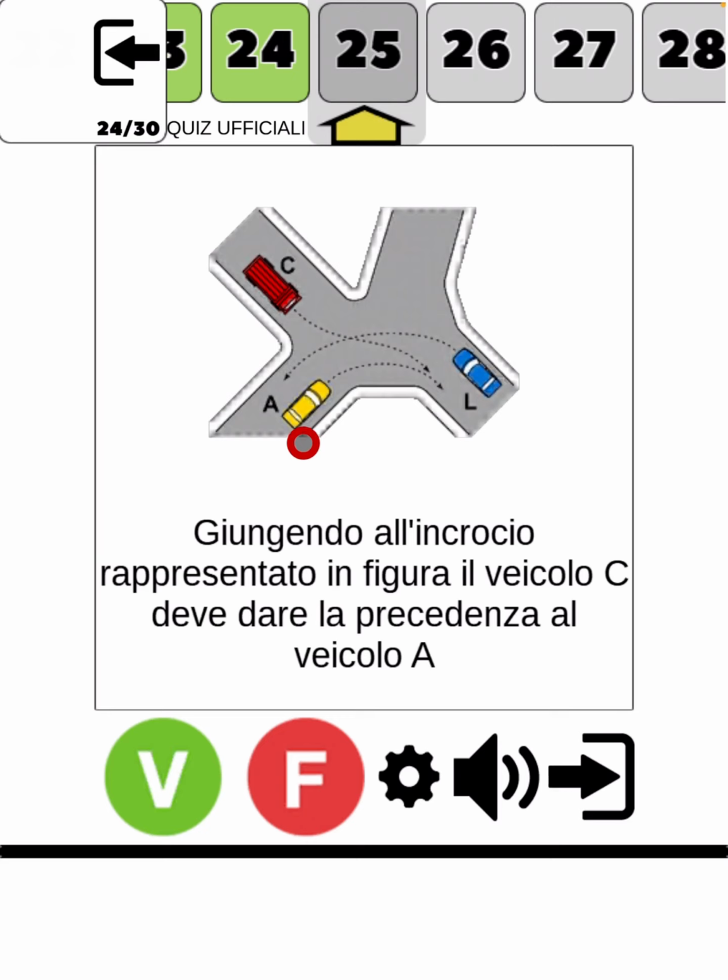First of all, vehicle A has precedenza over vehicle C. So vehicle A will be the first one to pass, while C will follow, while the blue one will conclude it. The question is vero.